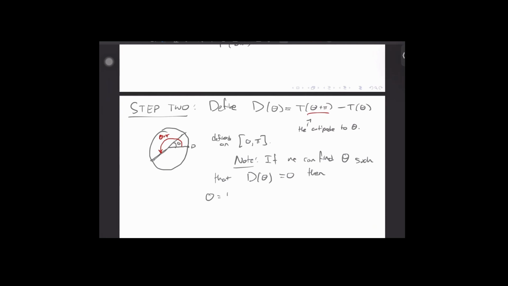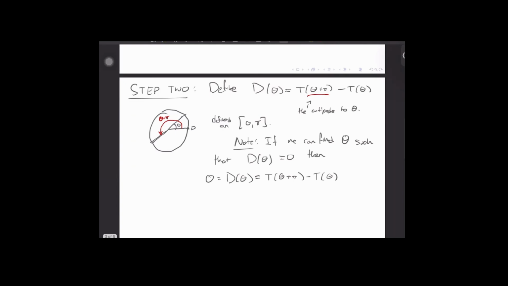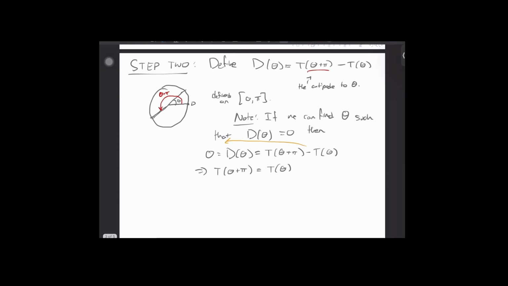Well, d of theta is T of theta plus pi minus T of theta. So I can flip this over and say that therefore T of theta plus pi is T of theta for that theta. So we found two antipodal points with the same temperature.